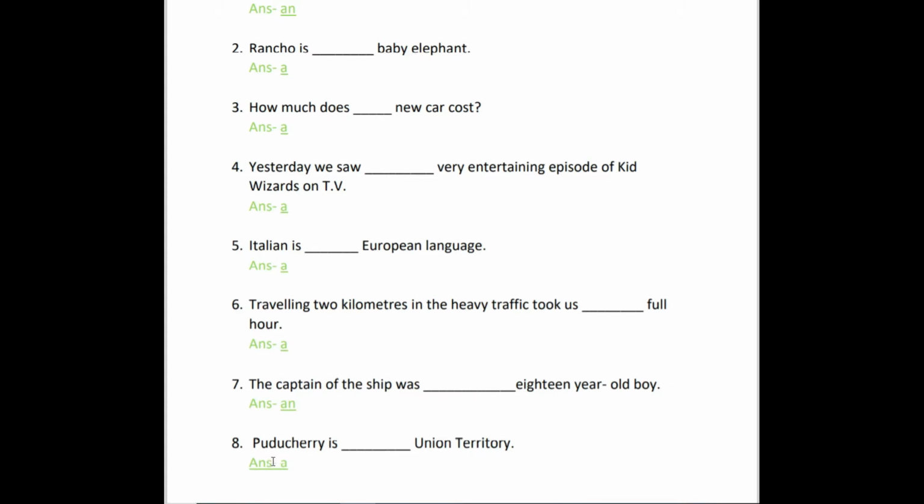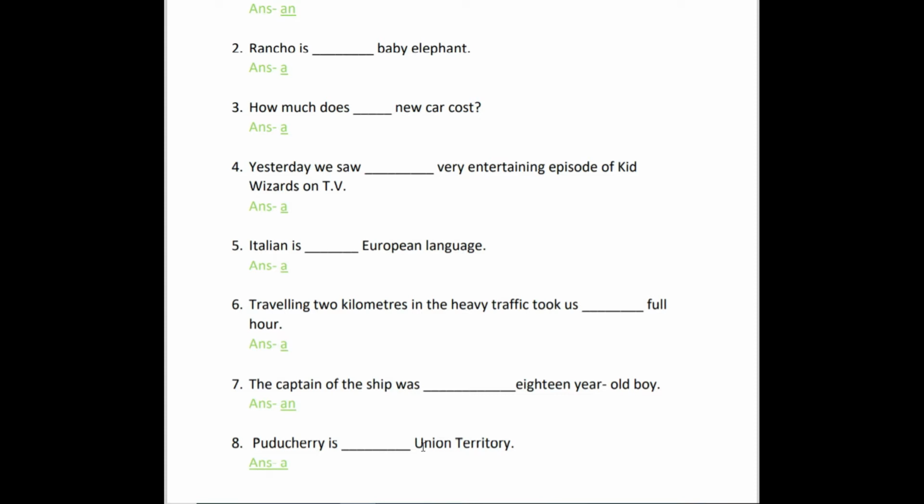Number 8. Puducherry is dash union territory. Here the word written is union territory. So what should you see? Sound or spellings? Well done. You have to pronounce the word and then find the difference. Is it of vowel or of consonant?